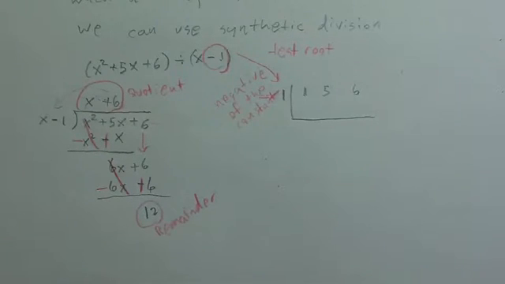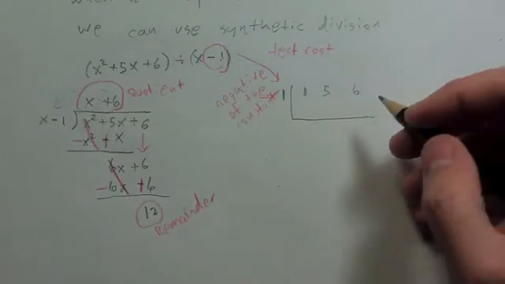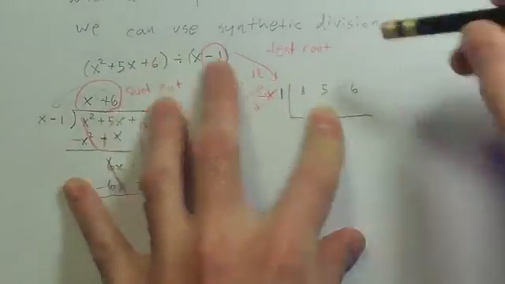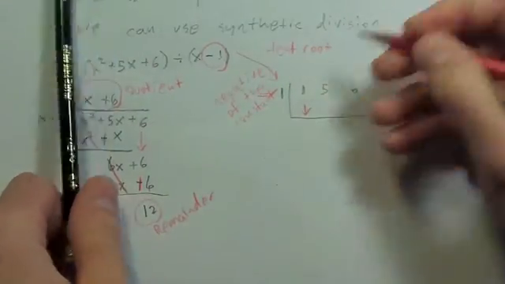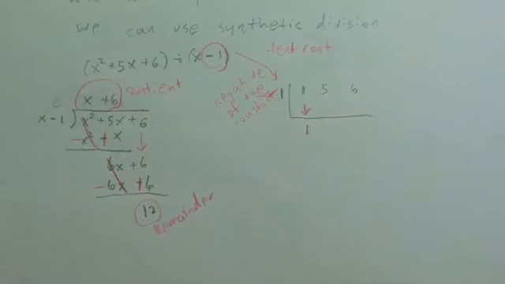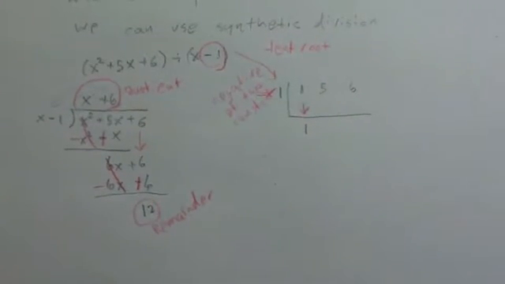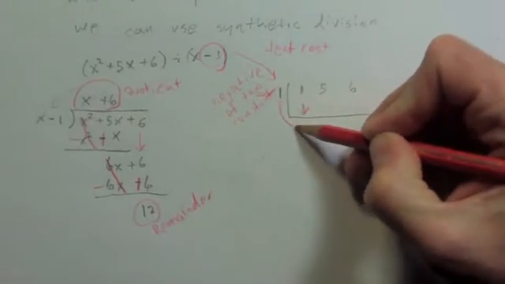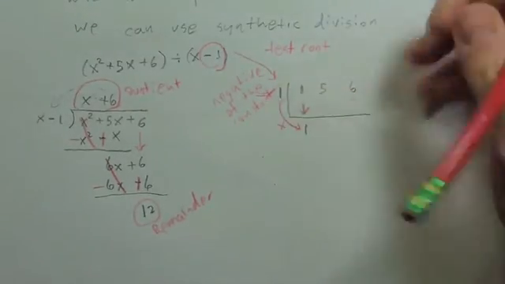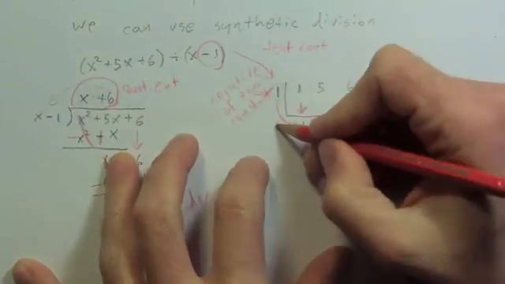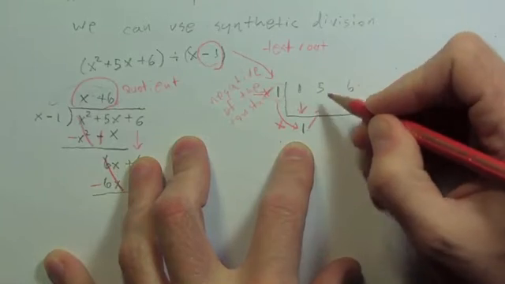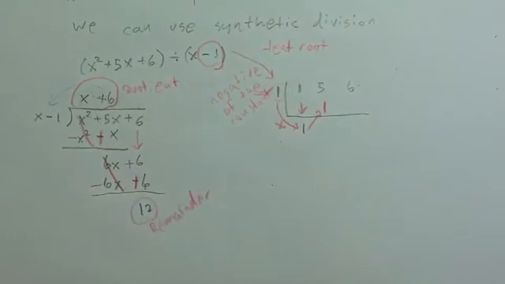All right, so what we do is we start by dropping down this first value. So we drop down the 1. Now, what we're going to do is take this value, this 1, and multiply. I'm going to multiply these two together, so I'll get 1 times 1, which is going to give me 1.